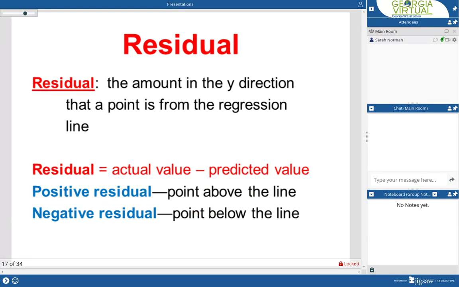But again, the residual is a comparison of your values that you actually used to do your scatter plot, and then the value that is created by using the linear regression.